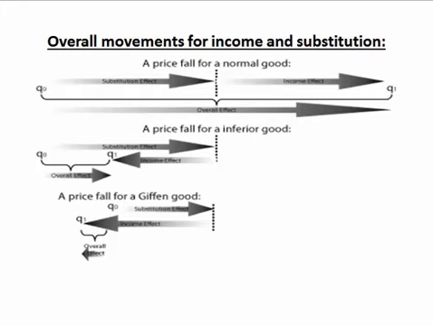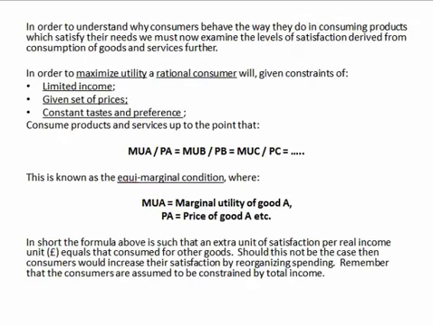In order to maximise utility, a rational consumer, where I've discussed previously what a rational consumer is, that they want to maximise for their income the maximum amount of utility that they can get, will, given the constraints of limited income, a given set of prices which they cannot directly manipulate to their own end, and constant tastes and preference structures, consume products and services up to the point that the marginal utility of good A divided by the price of A will equal the marginal utility of good B divided by the price of good B will equal the marginal utility of good C divided by the price of good C.